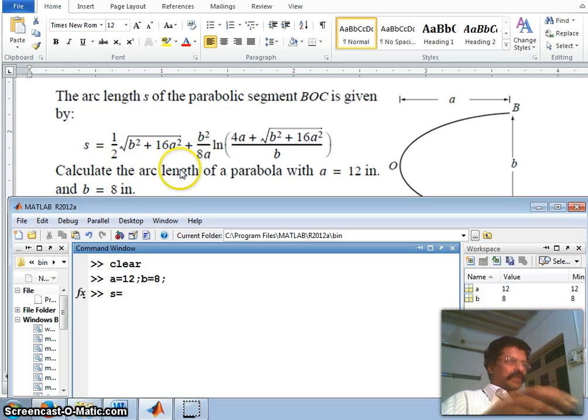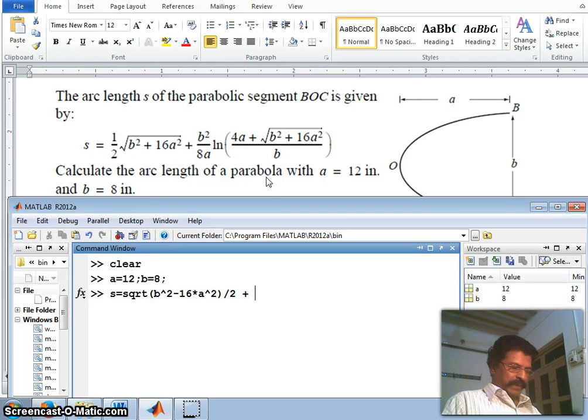This term is equal to square root of B square minus 16 into A square, and that square root is divided by 2, then plus B square multiplied by log of this entire term. What does the log consist of?